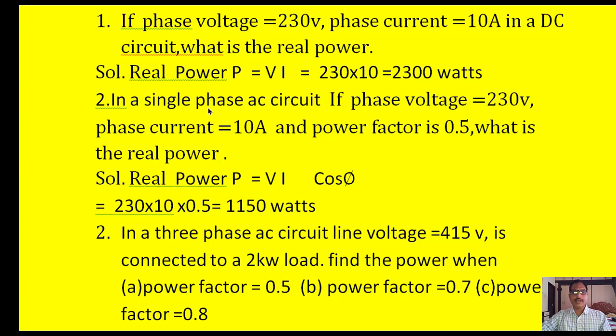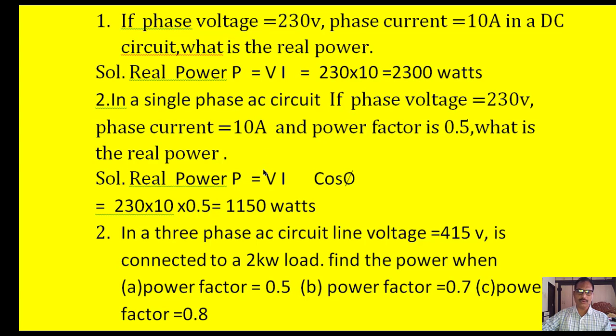Let us take another problem, but it is on AC circuits. In a single phase AC circuit, if the per phase voltage is 230 volts, per phase current is 10 amperes, and power factor is also given as 0.5, what is the real power? As I said, real power means the real power consumed in the load.